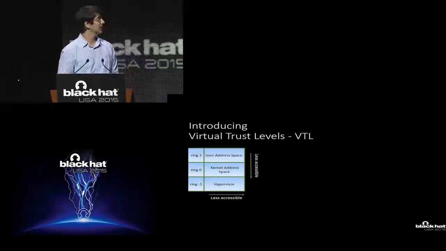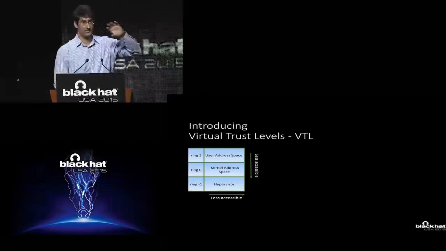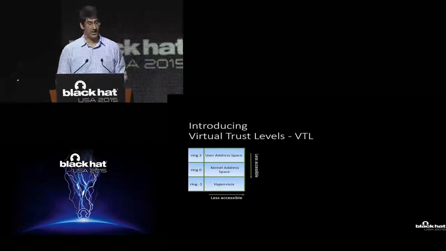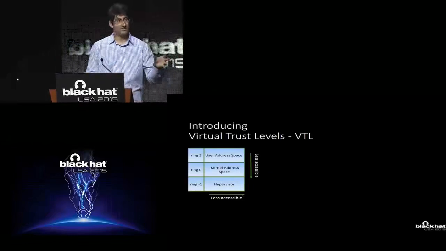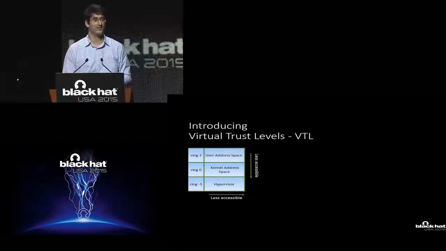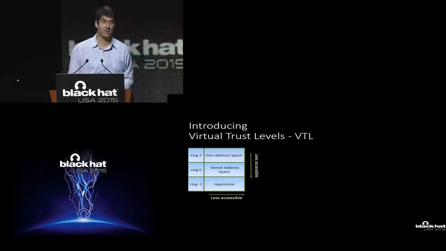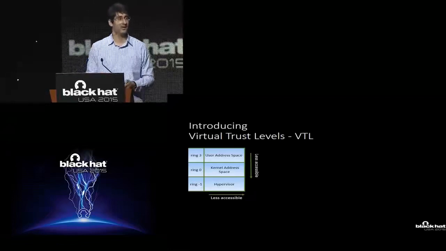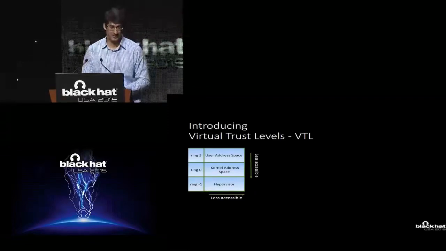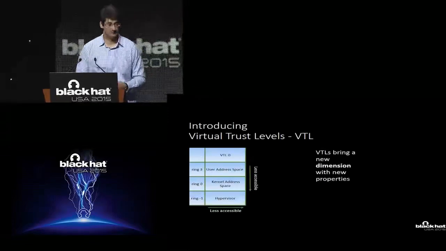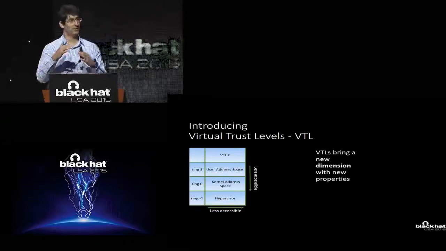This is the architecture we have today. Ring 3 user mode on the top, which has less access than Ring 0, the kernel address space, which has more privilege. And at the bottom, we have the hypervisor and the firmware. That's our trusted computing base. Let's call this VTL0. Instead of growing vertically, now we can grow horizontally.